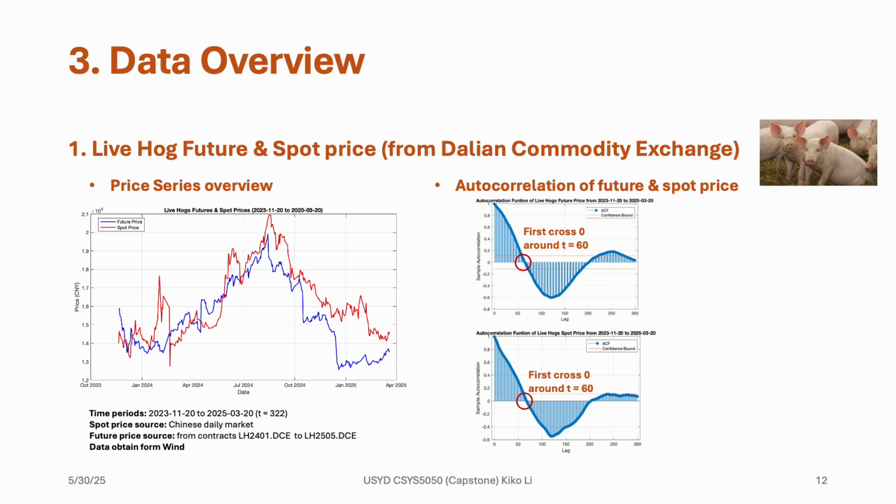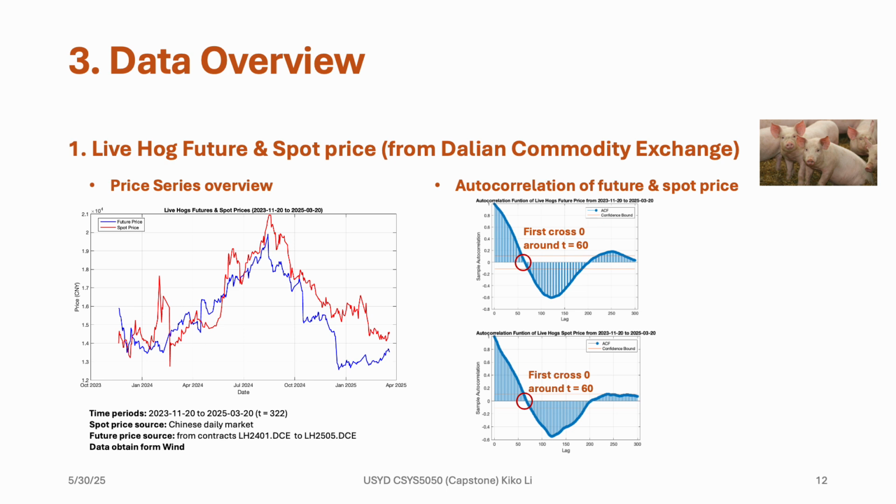This is the two-month rolling future price, which only contains prices that will expire in the next two months. The data period covers 2023 November 20 to 2025 March 20. Data length is 322, which is quite short.